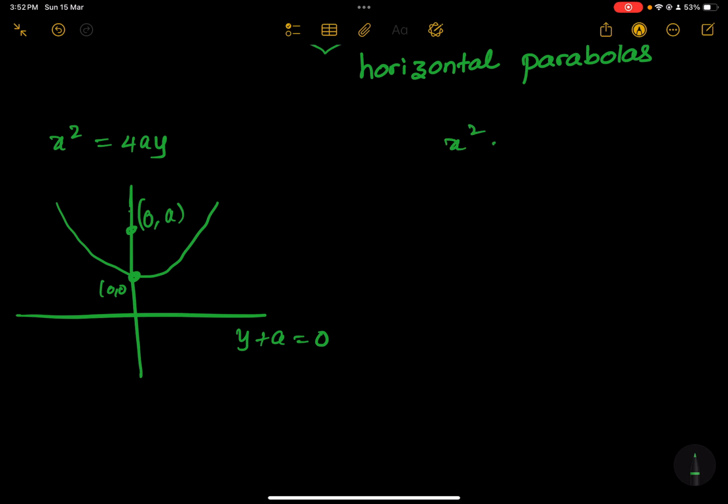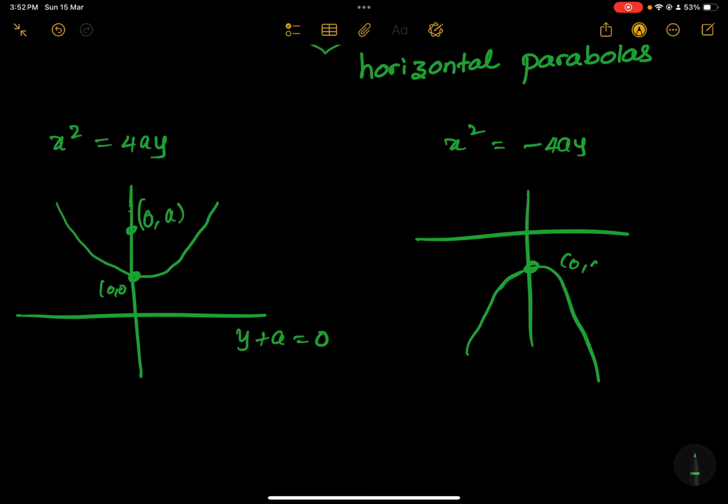Another form is x square is equal to minus 4ay. It will look something like this. This is your origin, this is your (0, minus a), and the equation of the directrix is y minus a equal to 0. So these are the four forms of parabolas that we use in our JEE preparation.